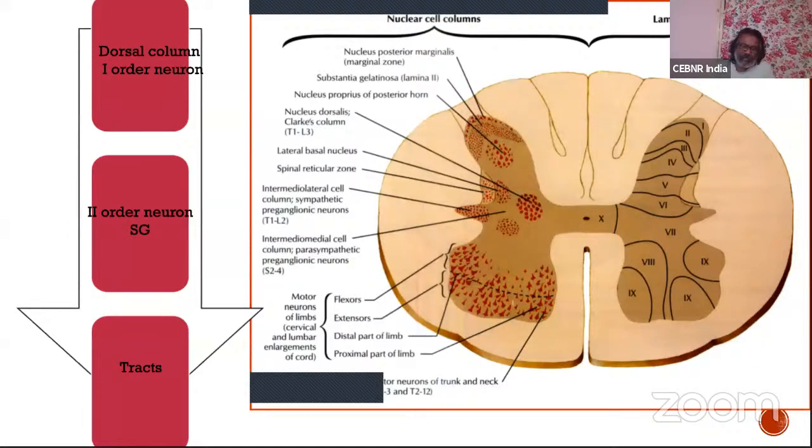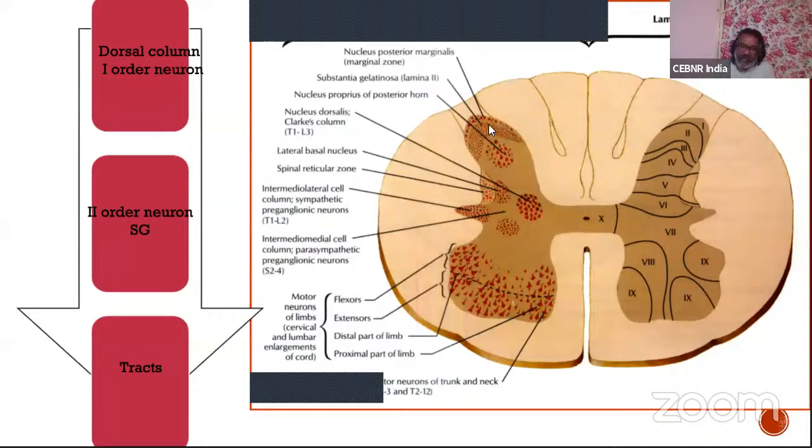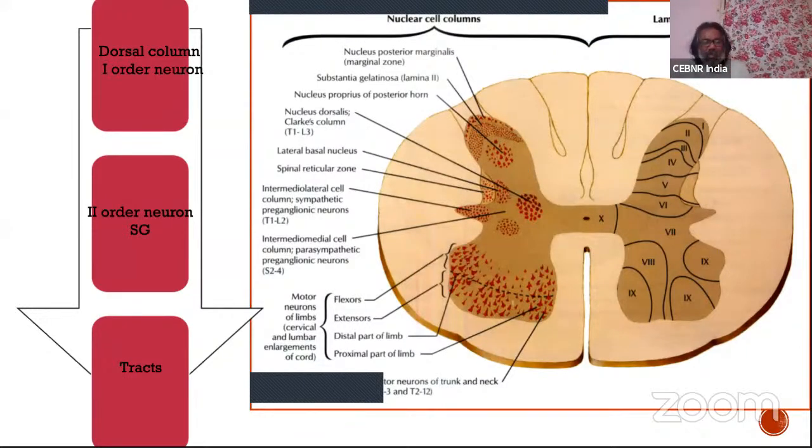That's what they call lamina. And this second lamina right here, that is substantia gelatinosa. When the great Wall and Melzack wrote their theory, they thought that substantia gelatinosa acts as the first level of modulation. Modulation means stopping off, right?